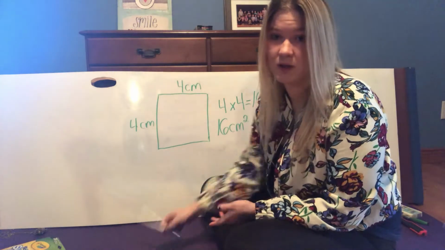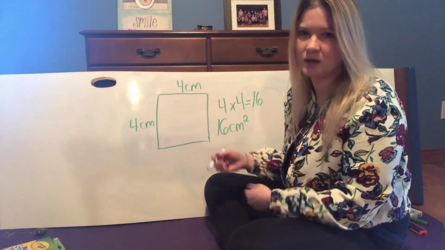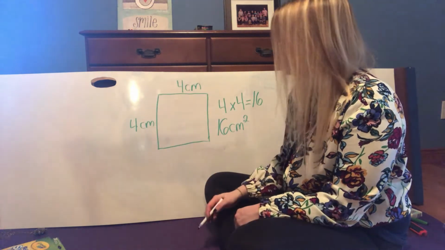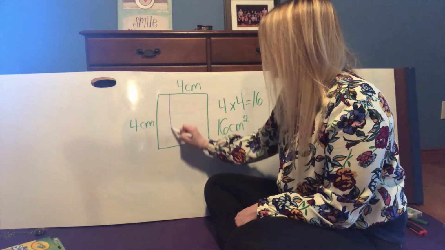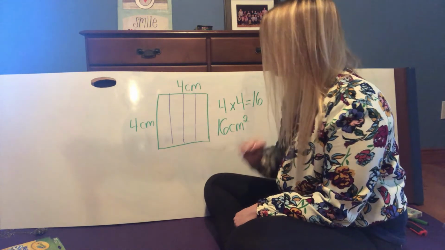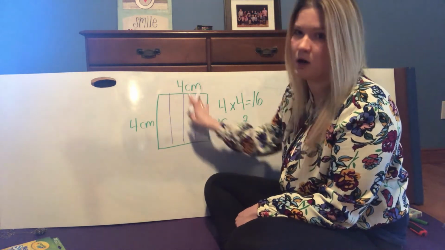Now, I'm going to fill in my rows and columns just to double check, and you don't have to always do this to double check, but if you're not sure, it's not a bad idea. So, 1 row, 2 rows, 3 rows, 4 rows, and 4 columns.